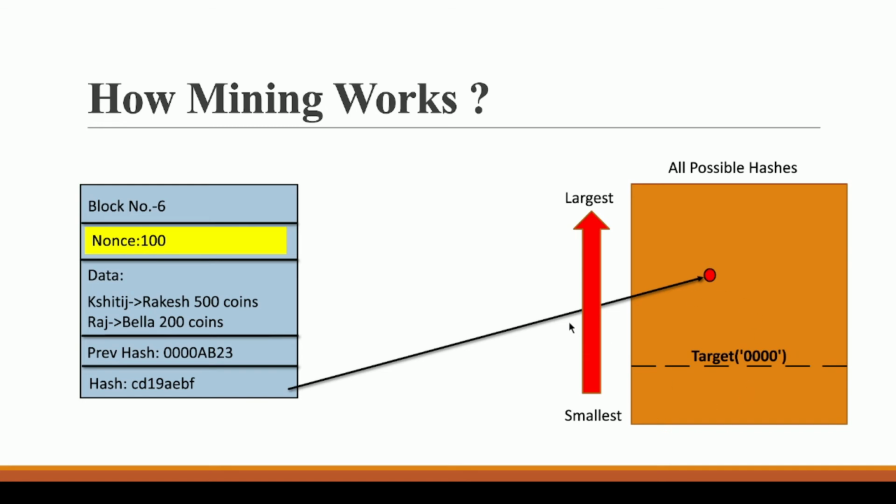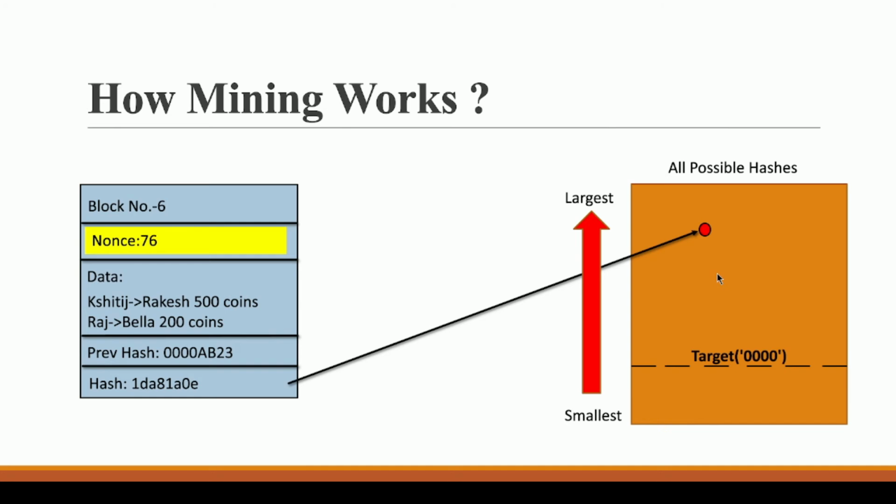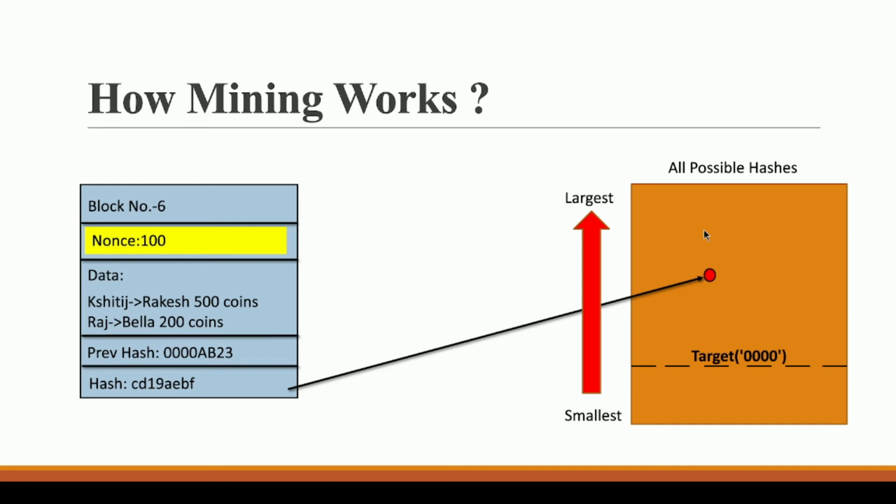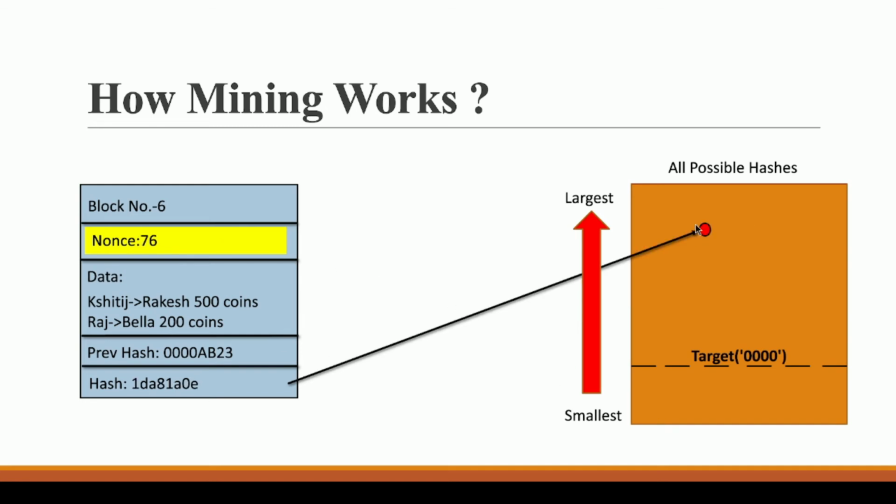But this is totally a random process. Why? Because if we start with 100, this 100 produces a hash which is somewhere here. Now when we have 76, you can see that this 76 produces a hash which is somewhere there, much above the previous one, right? So it is producing a hash at some point here.